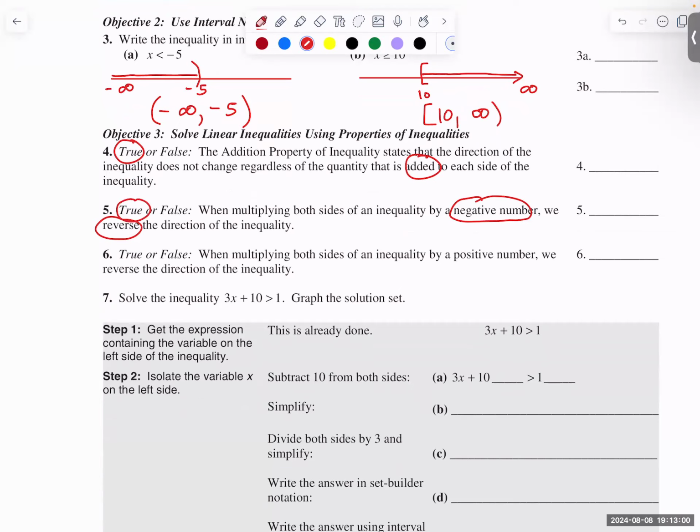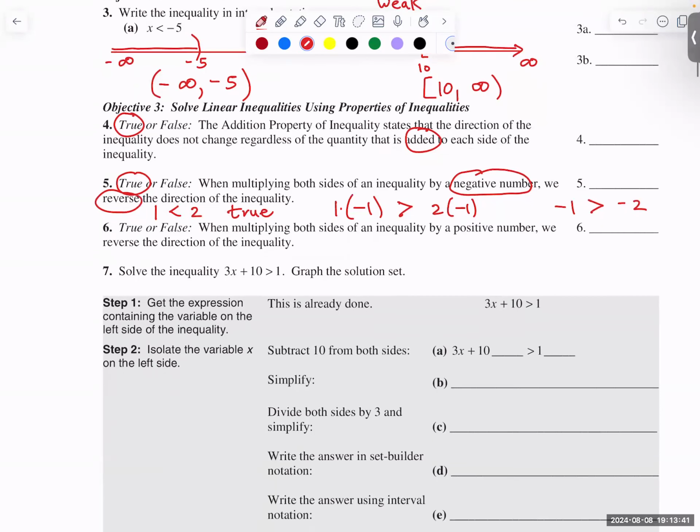For example, if we begin with a true statement like 1 is less than 2, and we multiply both sides by, say, -1, the product 1 times -1 is -1, and 2 times -1 is -2. Well, -1 is closer to 0 and is greater than -2, so to preserve the truth value of true, we have to flip the inequality symbol when multiplying by a negative number on both sides.